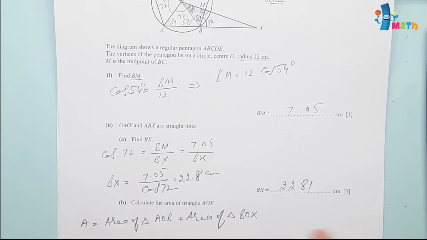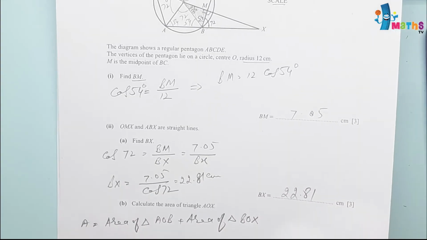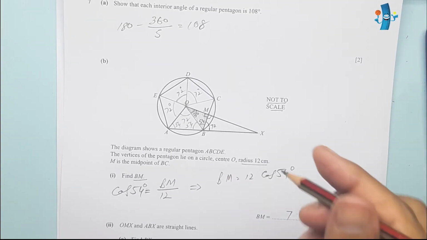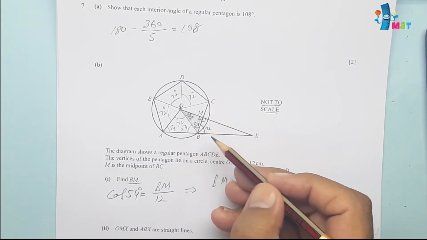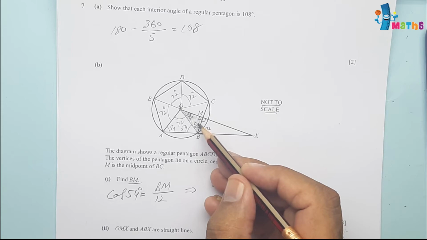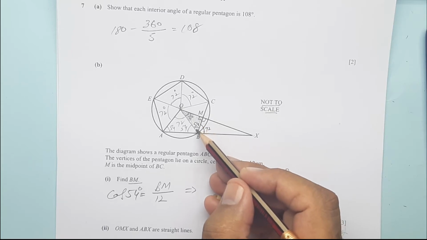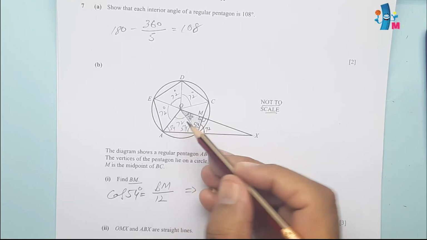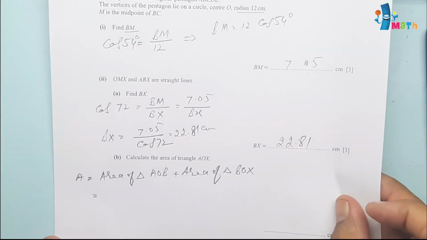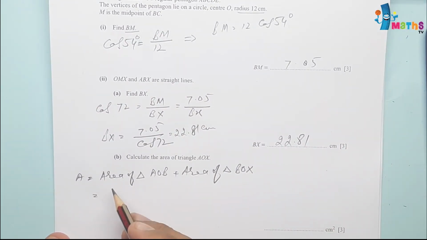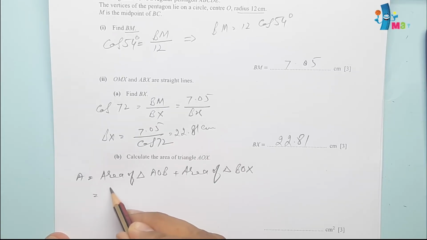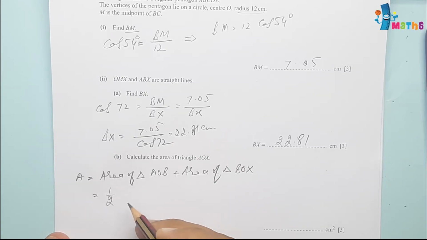So area of triangle AOB will be what? Will be half of this one, half AB sine C, right? So we can write half A into B, 1 by 2, 12 square.